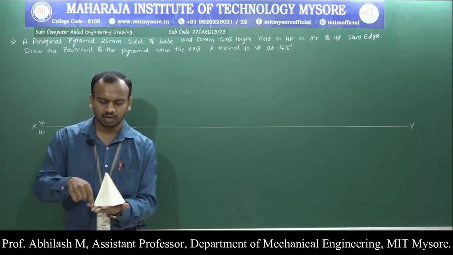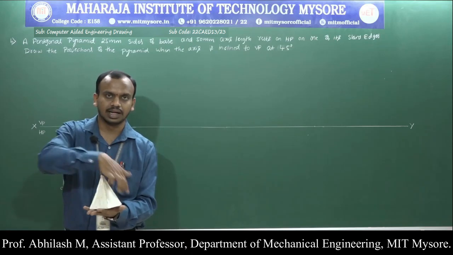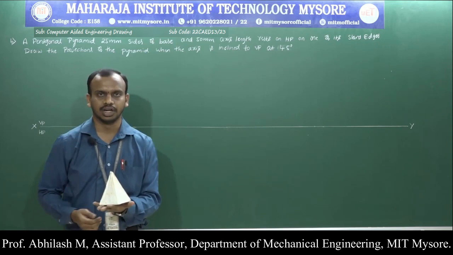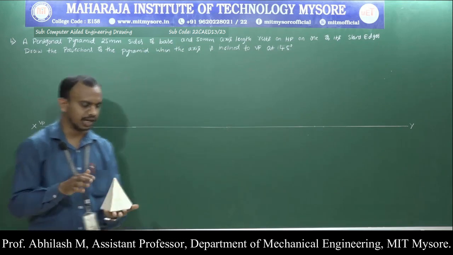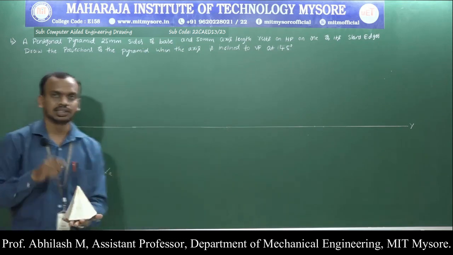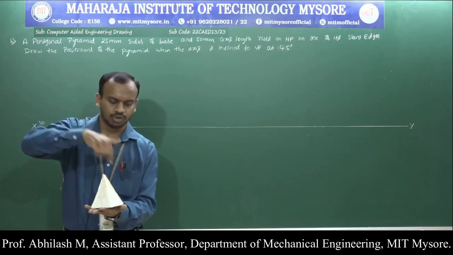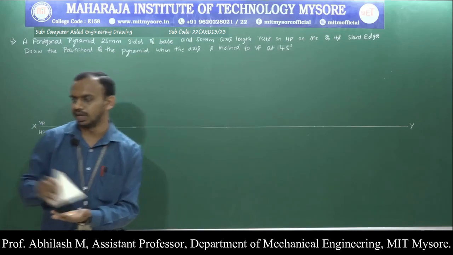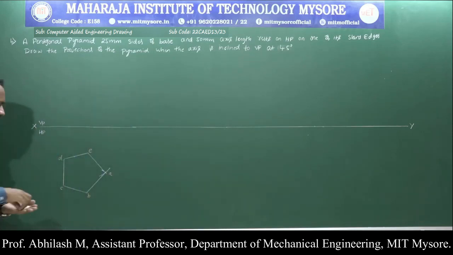Along with that, I can also see the 3 slant edges when I look from the front view. But as of now, since we are drawing only the first position, let us think only of the top view. I can see all the base edges. So let us tick that part and then move further.